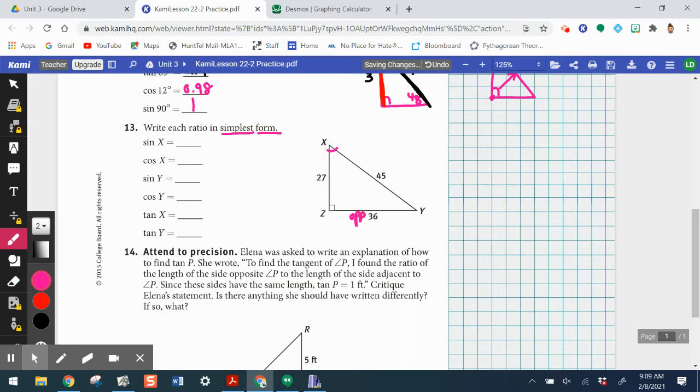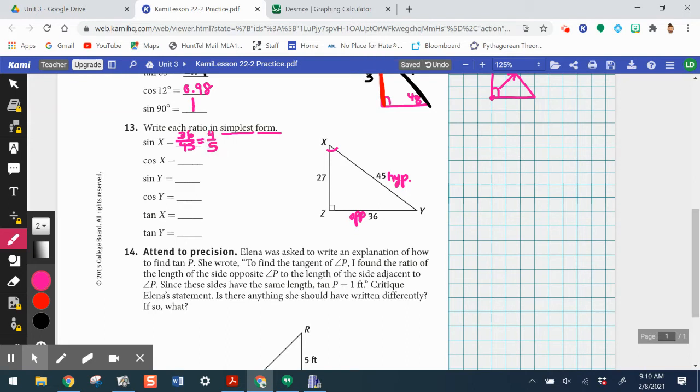And the hypotenuse, regardless of which angle we're looking at, is going to be 45. So the sine of x is going to be 36 over 45, which can actually be reduced because each of these numbers can divide evenly by 9, so they reduce to 4/5.